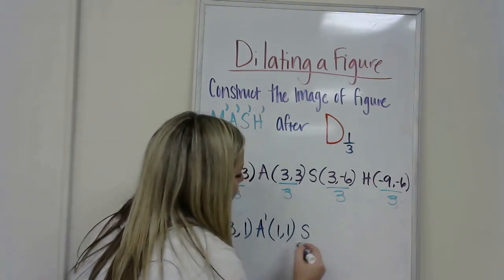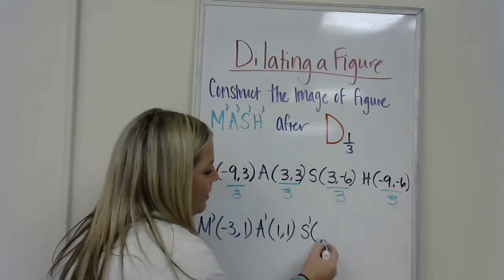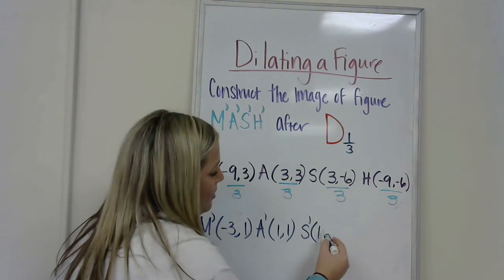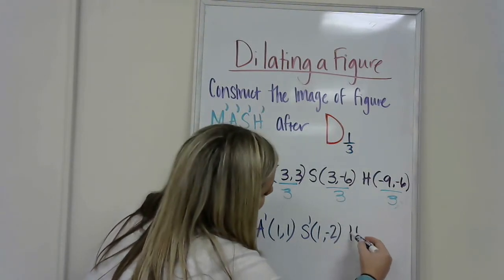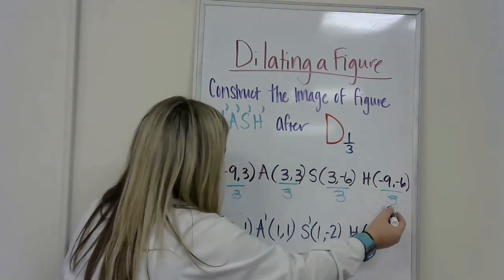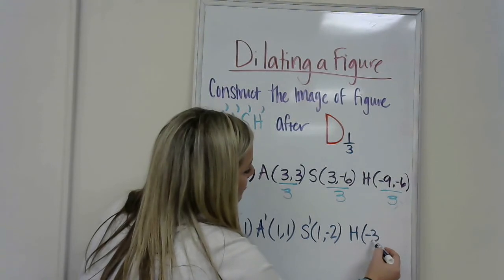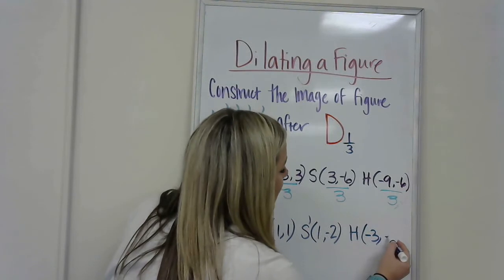S prime: 3 divided by 3 is 1, and -6 divided by 3 is -2. And then we have H prime: -9 divided by 3 is -3, and -6 divided by 3 is -2.